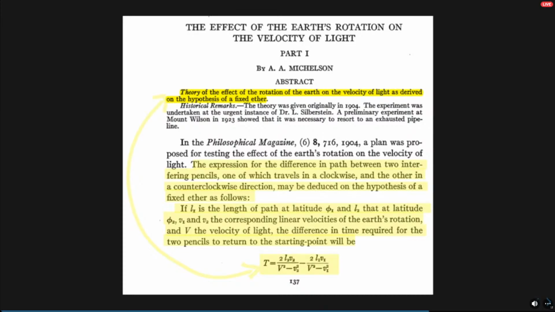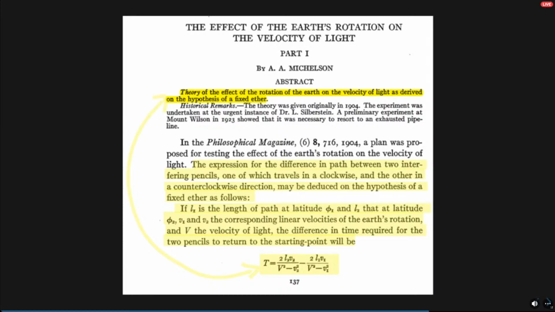The expression for the time difference between the two fringe pencils, one of which travels clockwise and the other counterclockwise, may be deduced on the hypothesis of a fixed ether, where L is the path length at the latitude, L sub 1 and L sub 2 are the latitudes, and the corresponding linear velocities of Earth's rotation. V is the velocity of light.